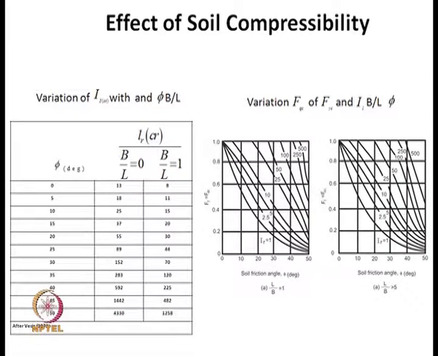Similarly, for this figure also, within this range we can use linear interpolation to get the critical index. So, either we can use these tables or figures, or by using the given expression we can determine the different compressibility factors of the soil.